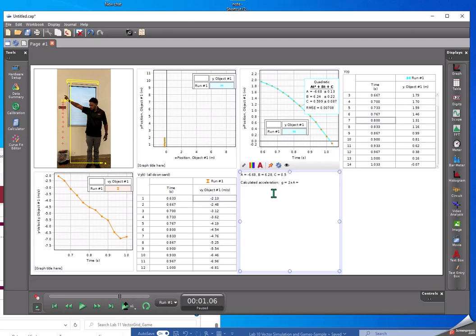So 2 times negative 6.68, because I did an approximate calculation. So what is the number? 6.68 times 2 is 13.36, so negative 13.36.